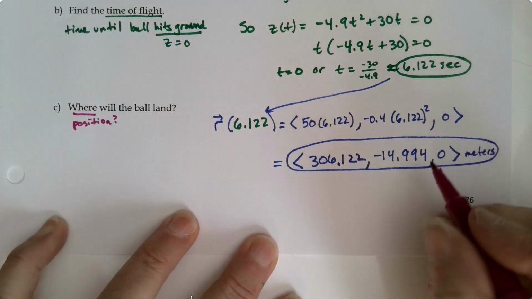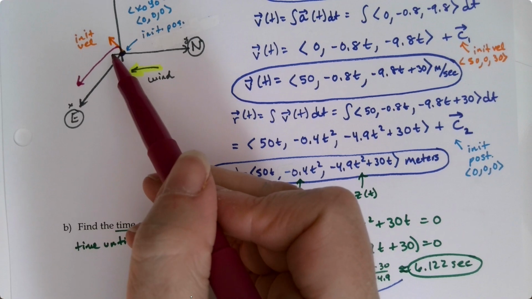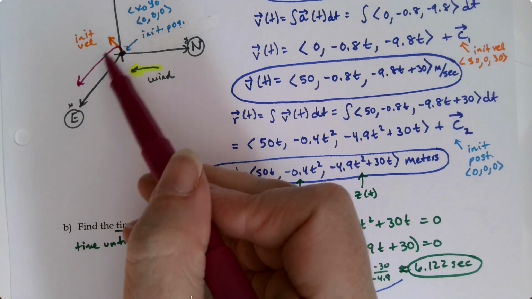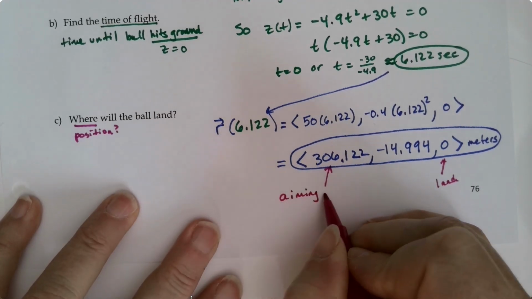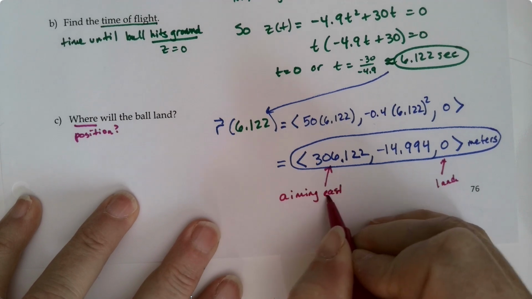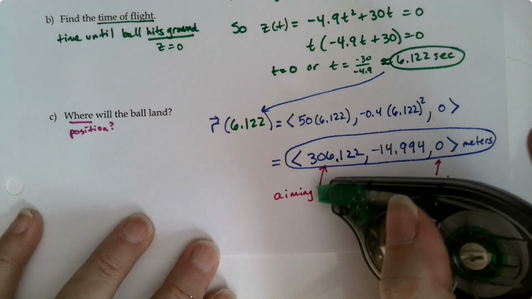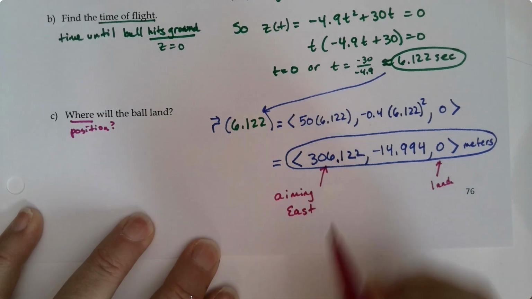All right, so this is because it landed. This is in the x direction because it was blowing, right? So you're trying to shoot it straight east. You're aiming east. The shot was made straight east. Sorry, my E is looking weird there. I'll just write east. There we go.